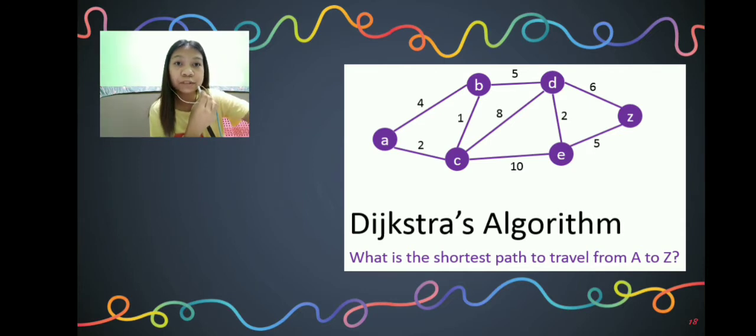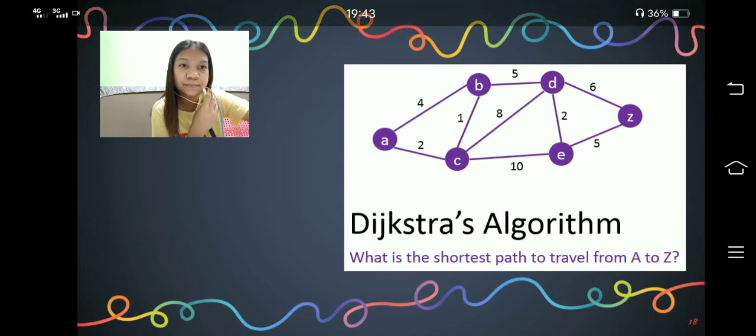So we're going to find the shortest path between vertices A and Z. To find the shortest way, we're going to calculate those numbers that represent the edges to find the shortest way to go to Z.